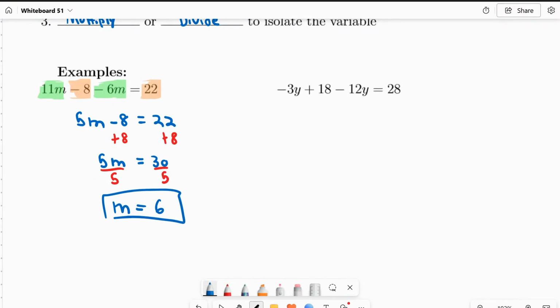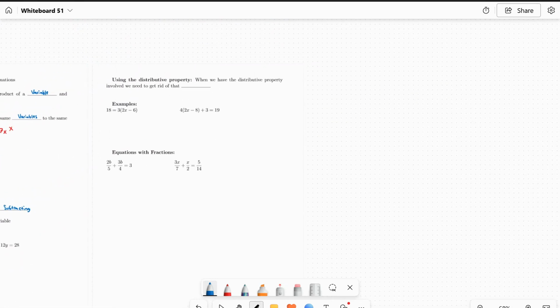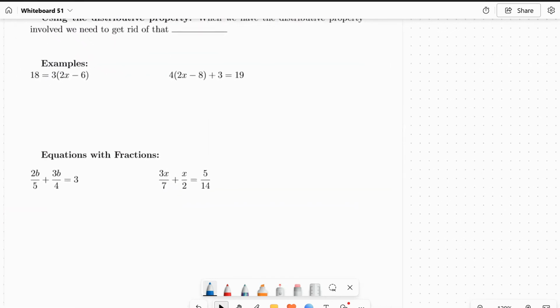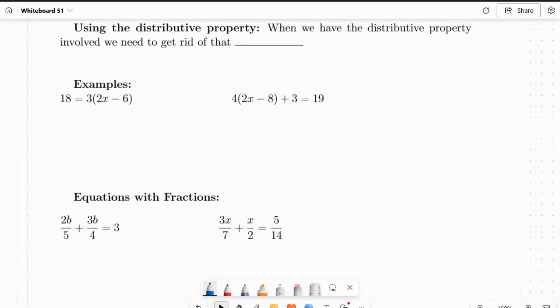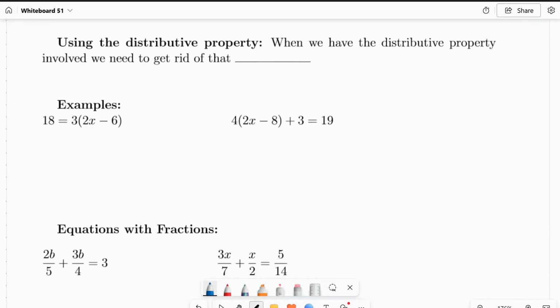All right, on the second page here, we are continuing with this process, although we are bringing in the distributive property. So when we have the distributive property involved, we need to get rid of the multiplying term.